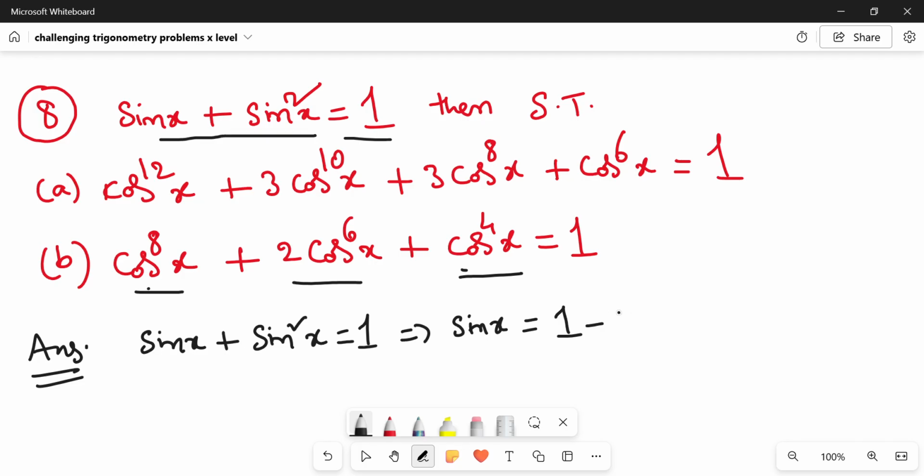You can take the sin square x onto the other side. 1 minus sin square x is nothing but cos square x. So earlier they have given the situation sin x equal to cos square x. The same situation we are seeing once again.